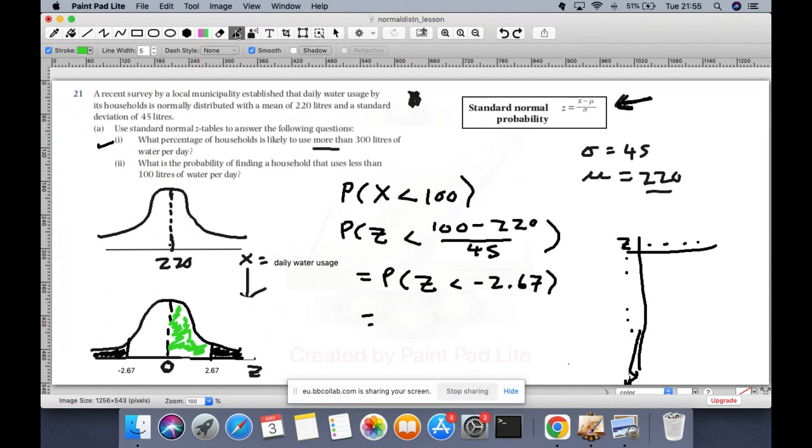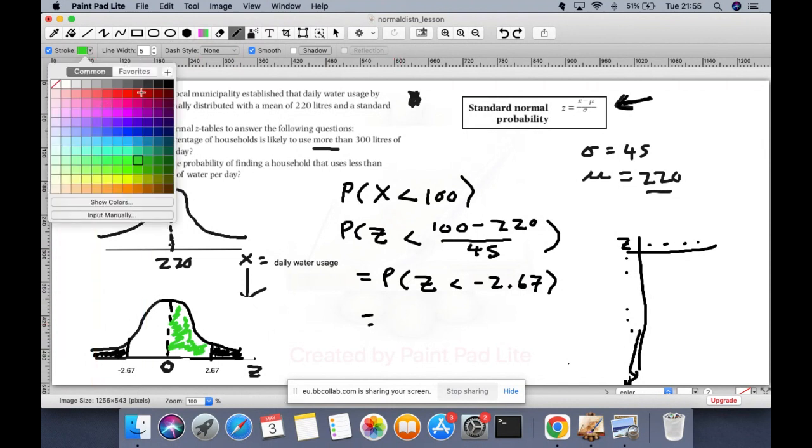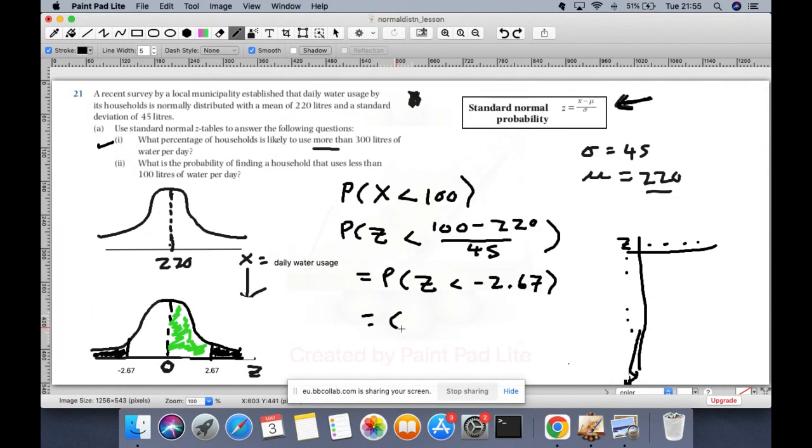In other words, you can write it like this. The answer is: we're going to take 0.5 and subtract this green area, the area between 0 and 2.67, which is the probability of Z being between 0 and 2.67. That's how you write it mathematically when you're talking about the area from 0 to 2.67.